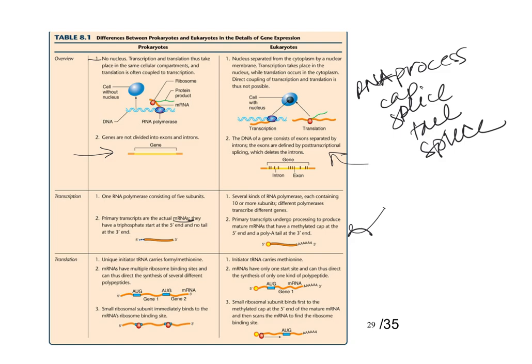And then, look down here: initiator tRNA, formyl methionine in procs, regular old methionine in eucs. This guy has Shine-Dalgarno, this guy has Kozak, and you can have multiple ribosomes at a time for both. The small ribosome binds the first methylated cap, 5' end, and then scans the mRNA to find the ribosome binding site, that first AUG.